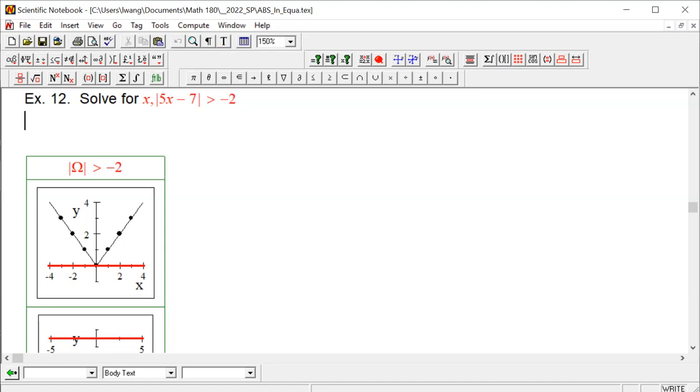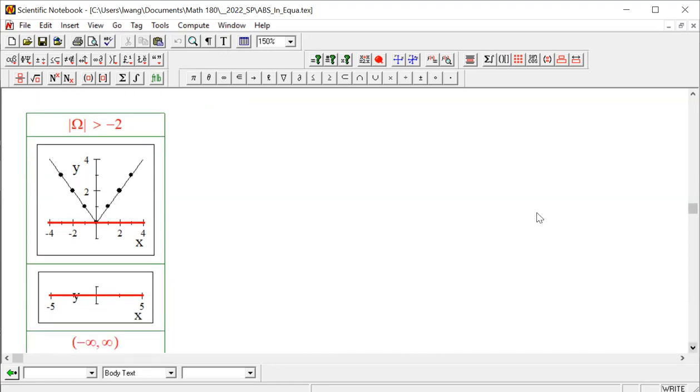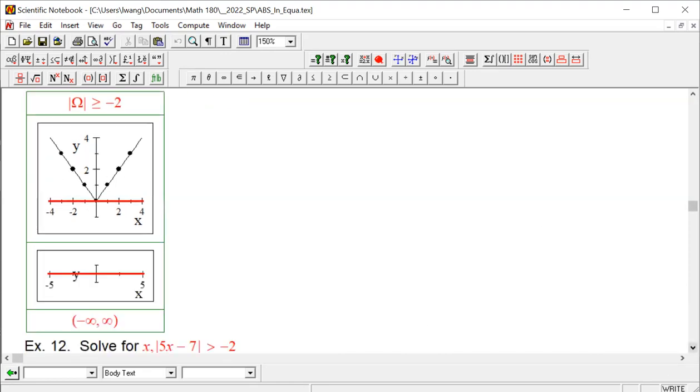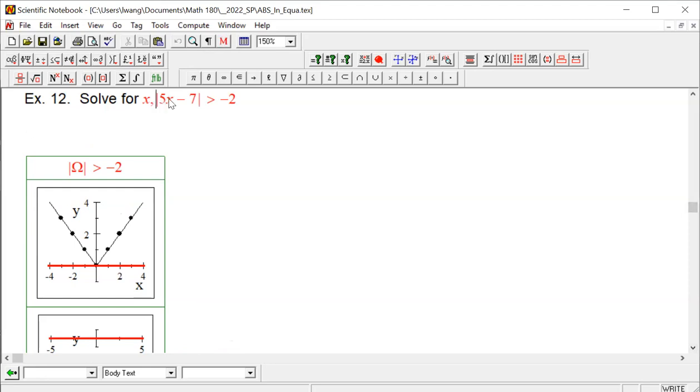So what is the solution? We have discussed it. The absolute value of anything is always greater than or equal to 0, no matter what x is. And 0 certainly is larger than -2. That's the reason. So the solution is all real numbers.